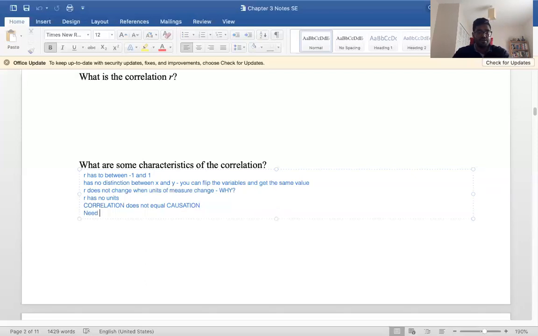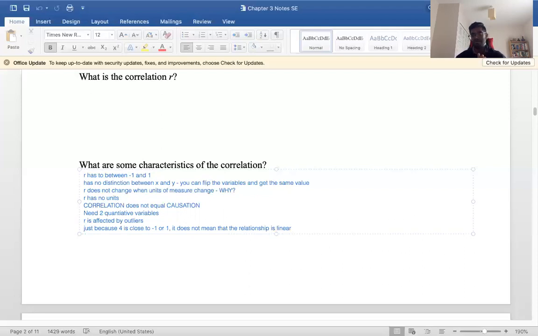Other things, you need 2 quantitative variables. And then this is the last one, pretty important. R is affected by outliers. Big one. And the other big one is just because R is close to -1 or +1, it does not mean that the relationship is linear, okay?